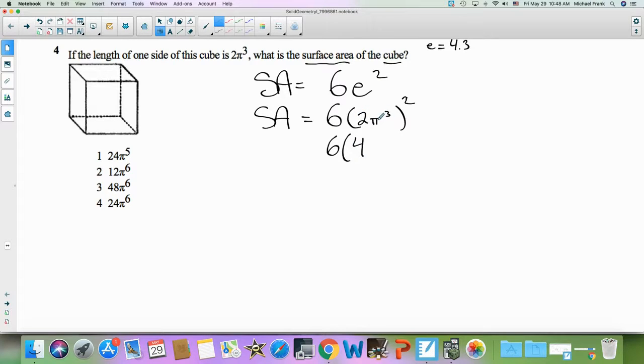But remember, when you take anything to a power, you actually multiply the exponents. So it's actually going to be 4π to the 3 times 2, or 6th power. And then finally, when we multiply that by 6, it's going to be 24π⁶. That's going to be your surface area.